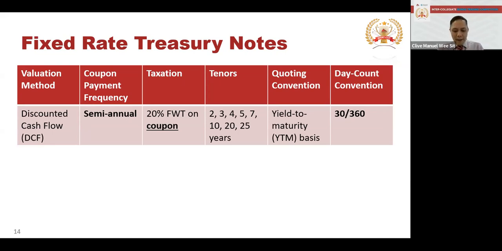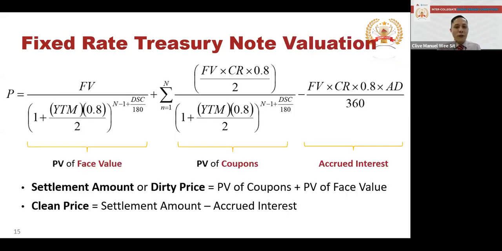Okay, right. So this is your formula for a fixed rate treasury note. Now, before this blows your mind, I think it's best for us to break down this formula and look at it more conceptually and more operationally so that we can appreciate exactly how the price is computed.